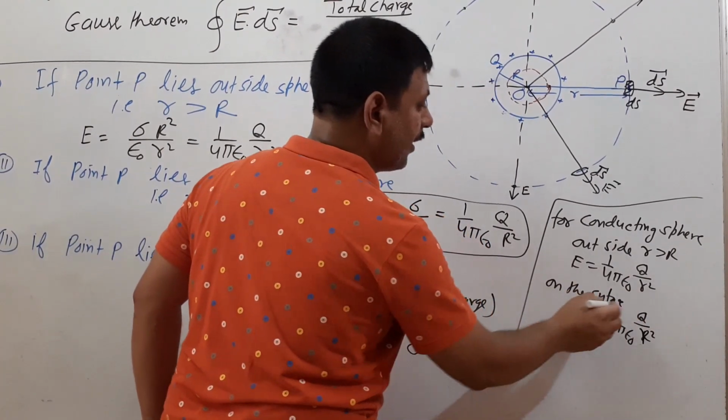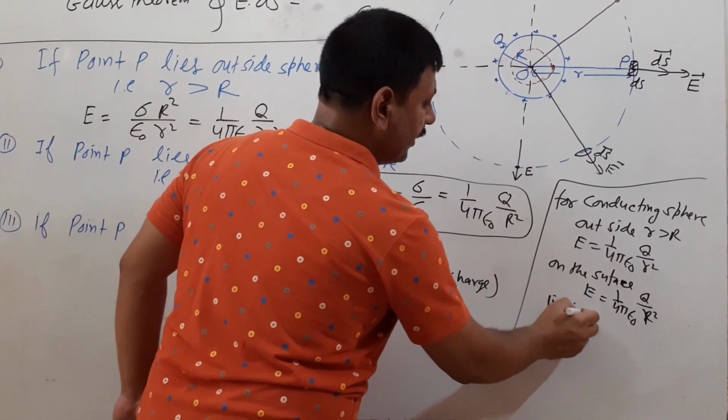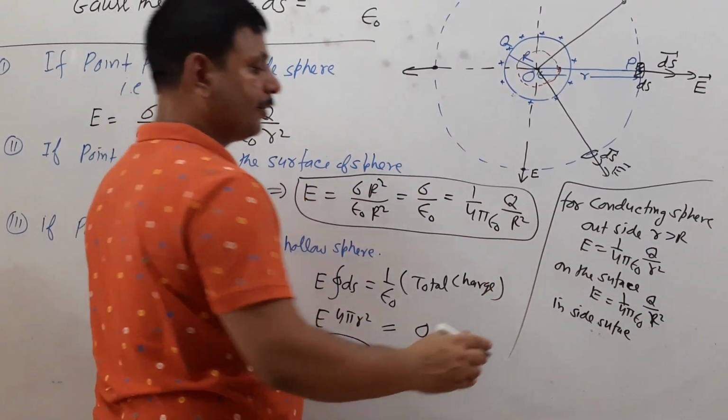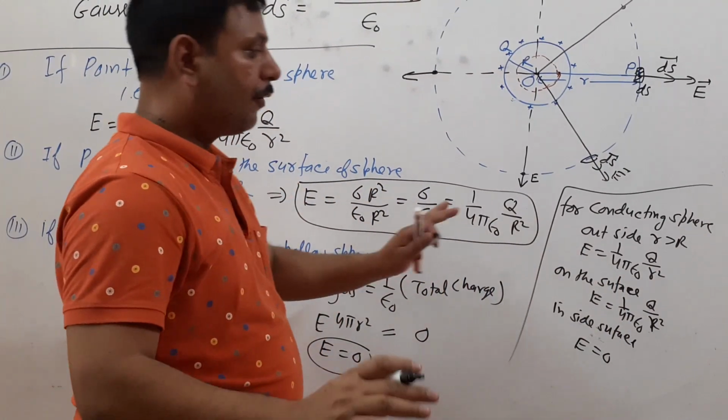R is the radius of the conducting sphere, and inside the conducting sphere the electric field E is equal to 0. Why?